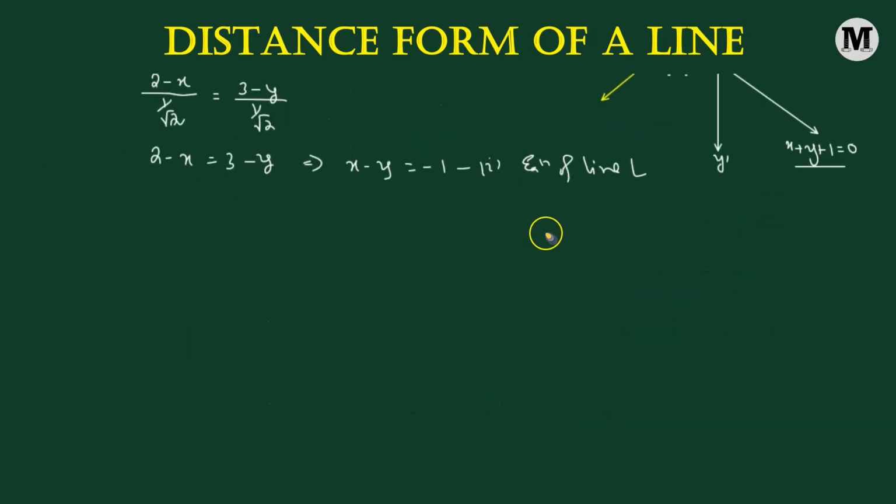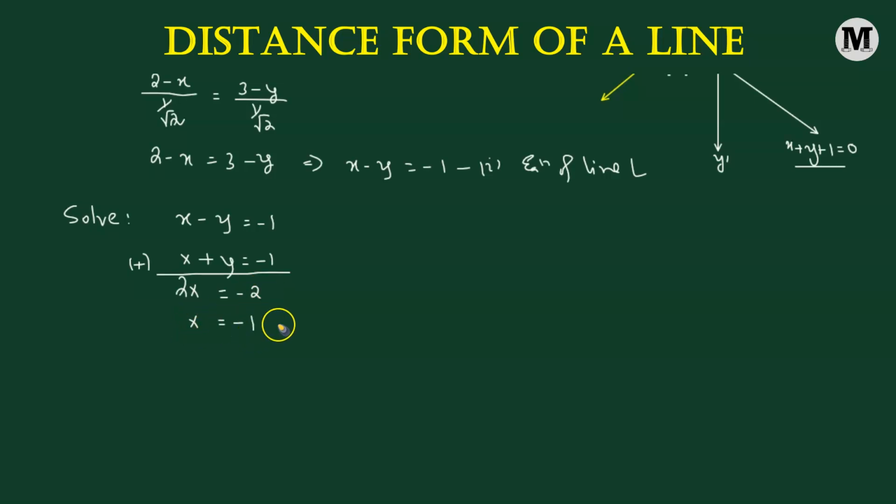Okay, so let's solve the two equations. We have x - y = -1, which is the equation of line L, and the other equation, x + y + 1 = 0, or we can simply say x + y = -1. Let's add up the two equations, and that's going to give us 2x = -2, so x = -1.